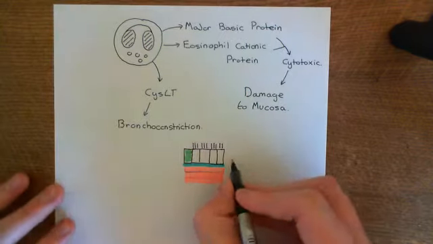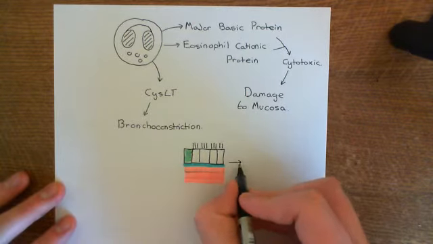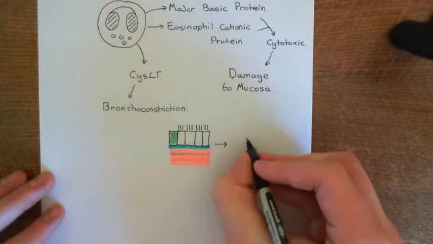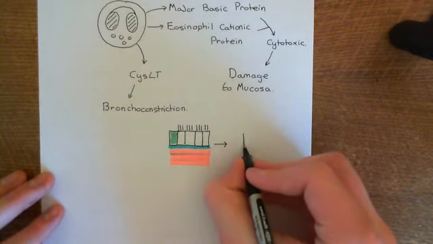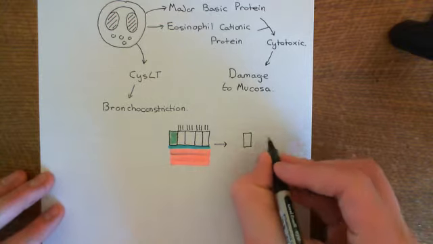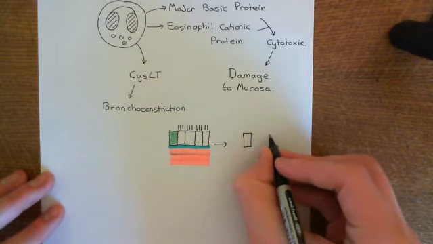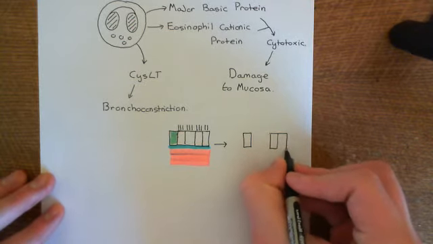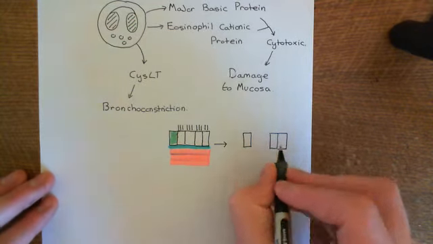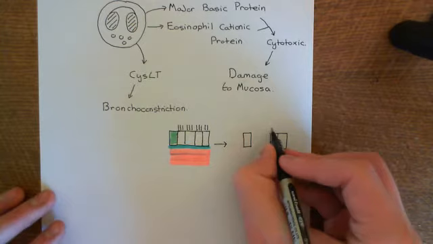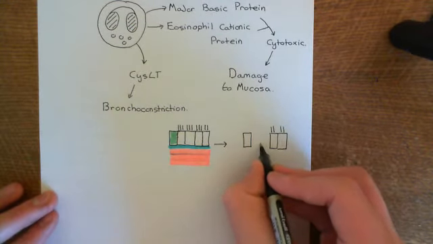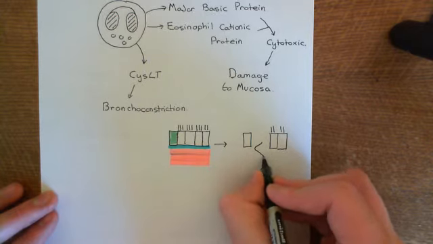Now, after you have brought these horrible eosinophils in, and they've released cytotoxic proteins, then you're going to start getting the death of certain of these epithelial cells. Okay, so you'll have gaps within the epithelium now. You'll have great holes, okay? And what this can lead to is the exposure of neurons, which are within the lamina propria. They can end up exposed, so let me put a neuron here.